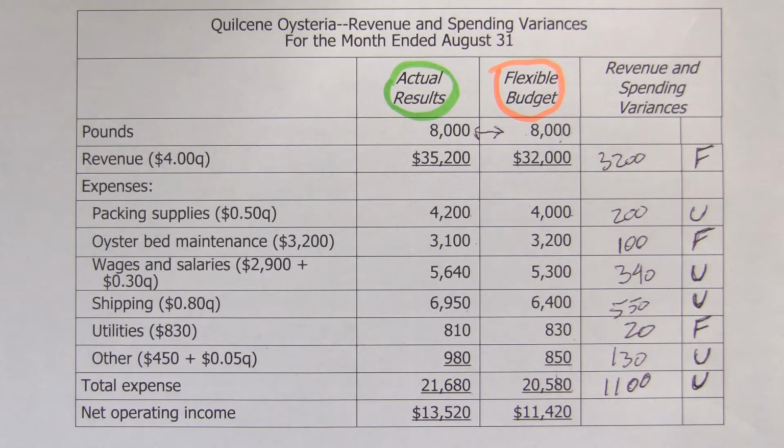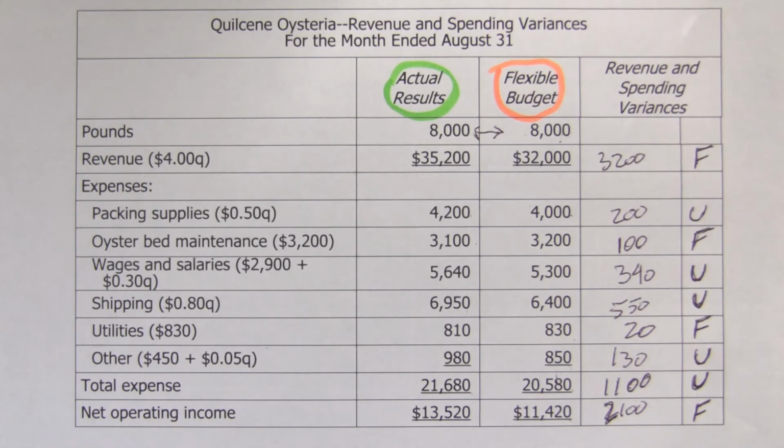But while you're there, say, oh, by the way, boss, despite all of those, we made $2,100 more than we expected. We expected to make $11,420. We made $13,520. That's a $2,100 favorable variance.